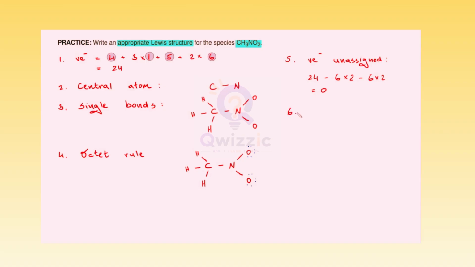But now we want to make sure that we also satisfy the octet rule for our central atoms. Carbon has an octet, it has 4 bonds, nitrogen has 3 bonds only. And that means we're going to take one of the lone pairs from oxygen and form a pi bond out of it to make sure that nitrogen gets an octet.